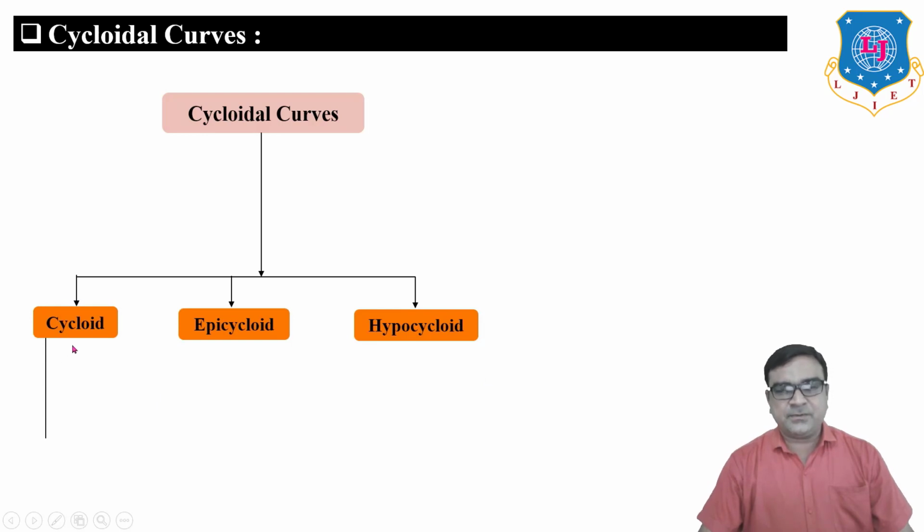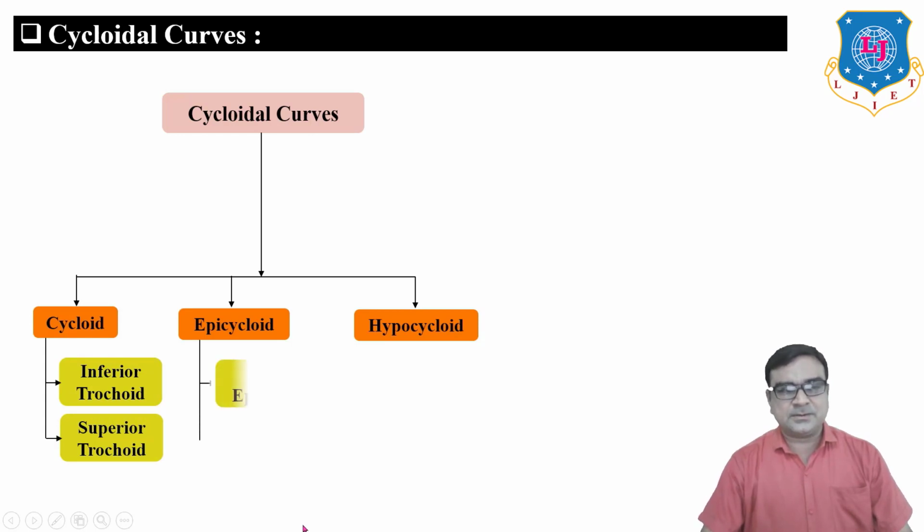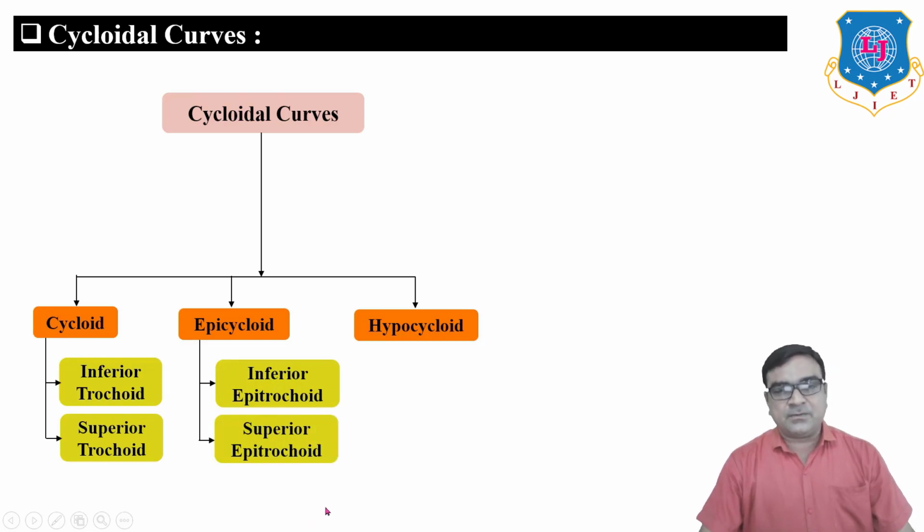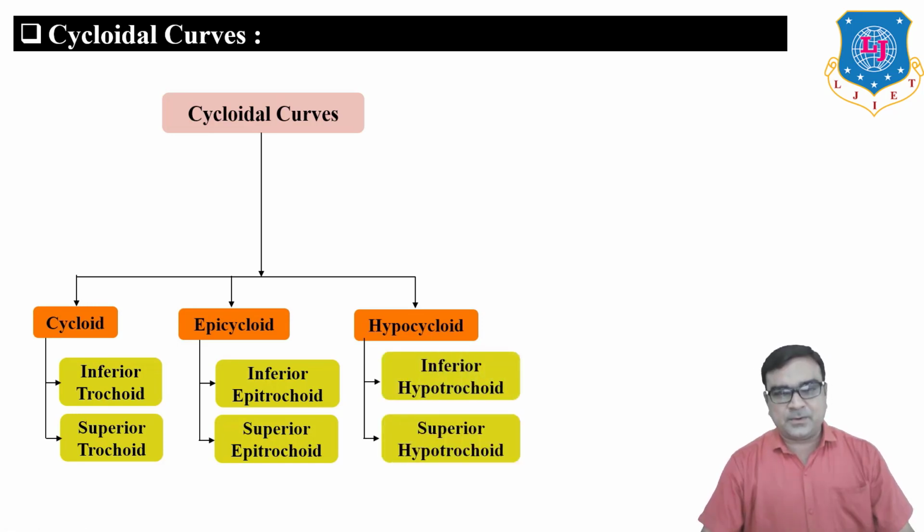In cycloid, if you change the position of the point inside and outside of the circle, you will get another two curves: inferior trochoid and superior trochoid. Same thing in epicycloid for inferior trochoid and superior trochoid, and for hypocycloid, if you select the point outside and inside, then you will get inferior hypotrochoid and superior hypotrochoid.